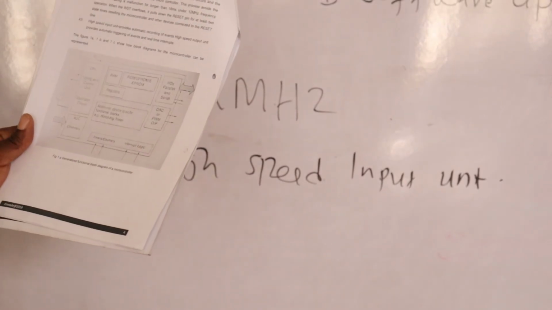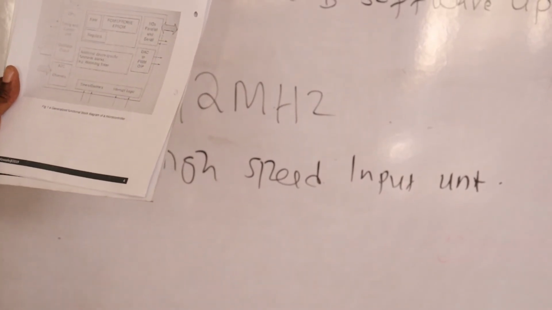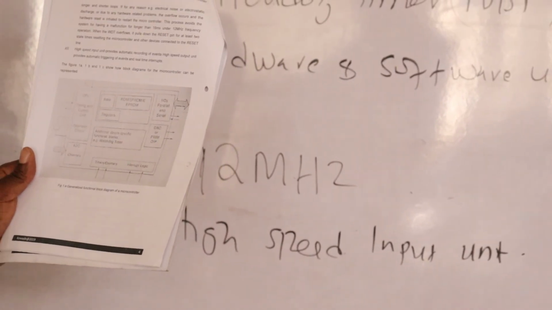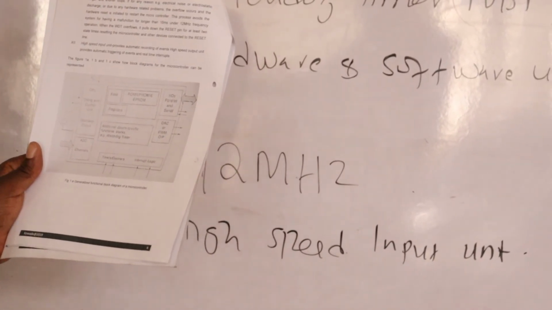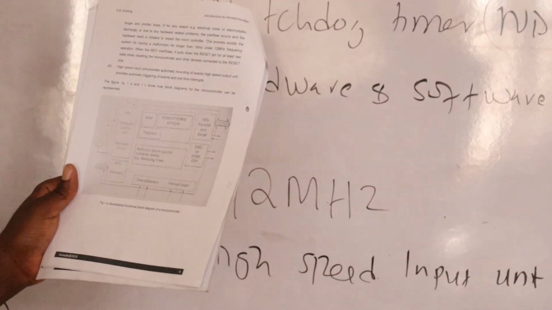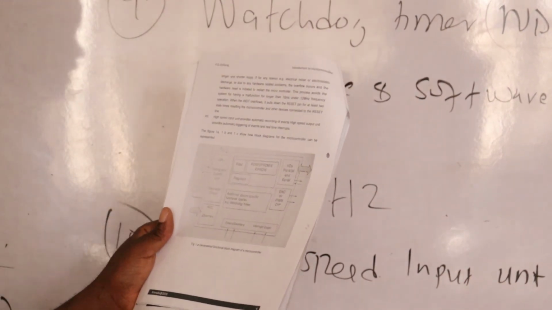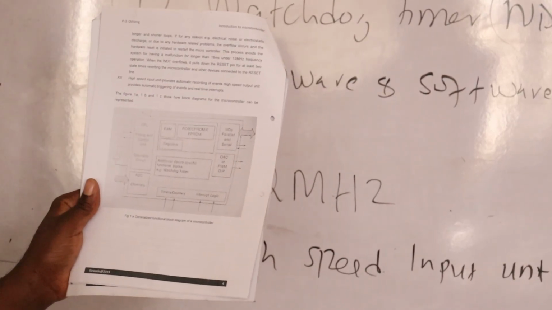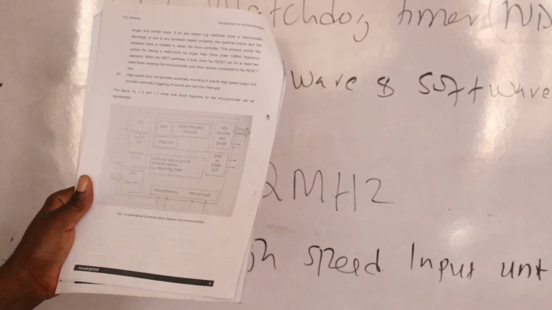Of course, the registers, we'll talk about them later on. We also have the parallel and serial interfaces. Then we also have DSC, or the pulse width modulation output, and also the timers, counters, and the interrupt logic. So that is the functional block diagram of the microcontroller.